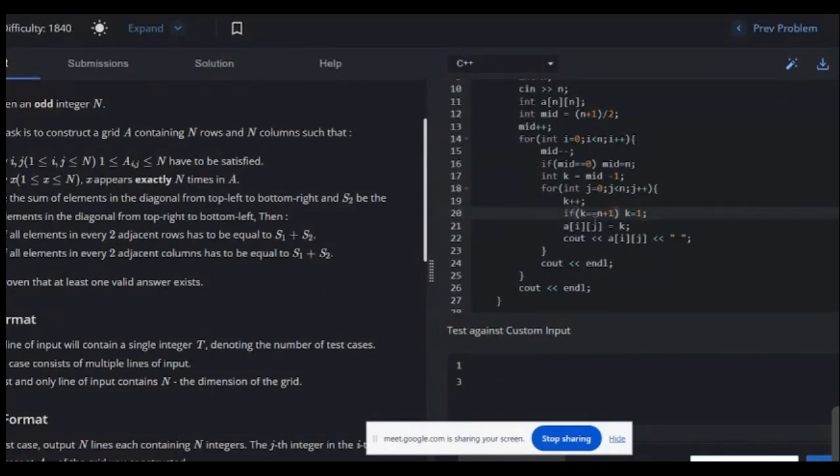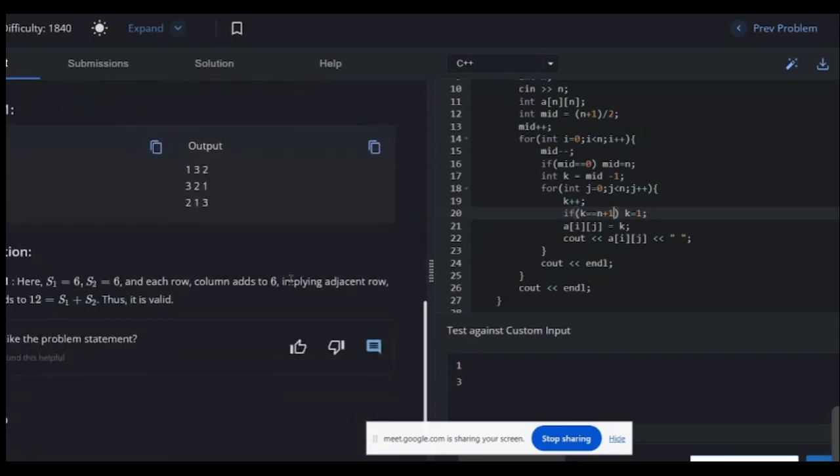So here the element I want to print is k. Let me try to run this test case.